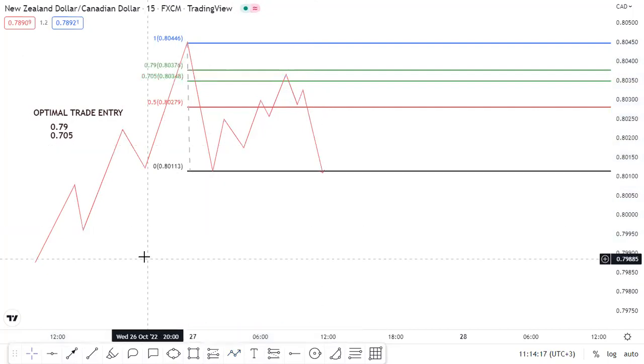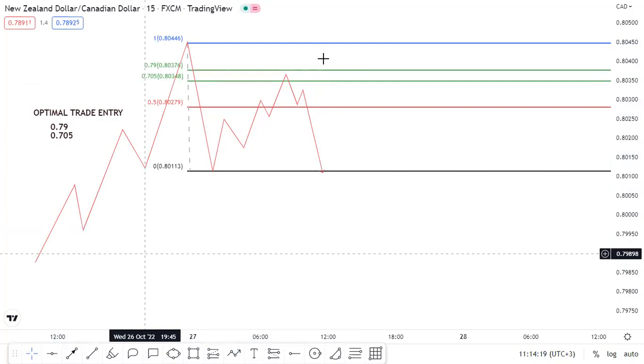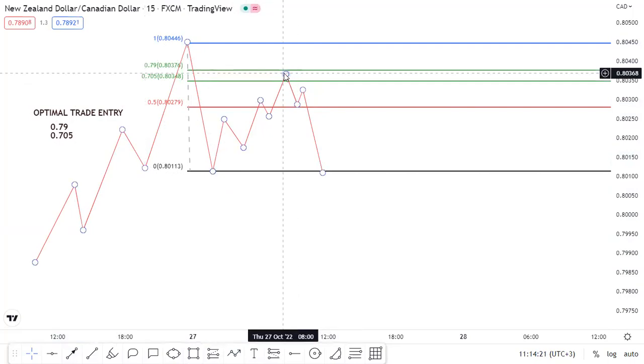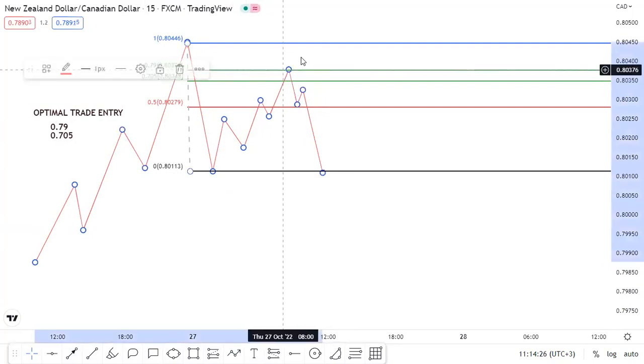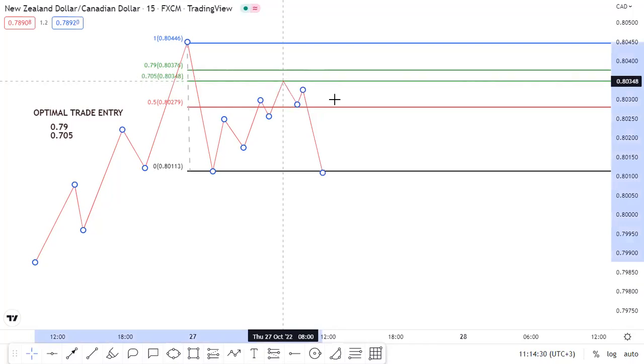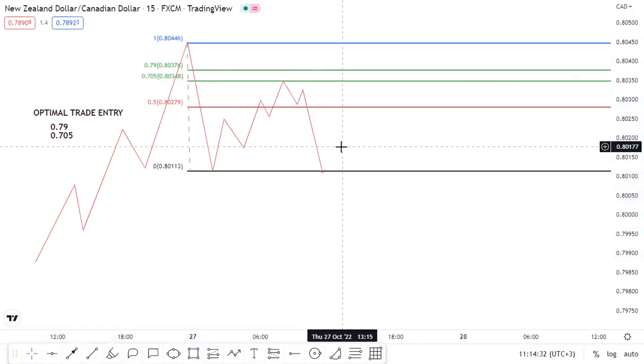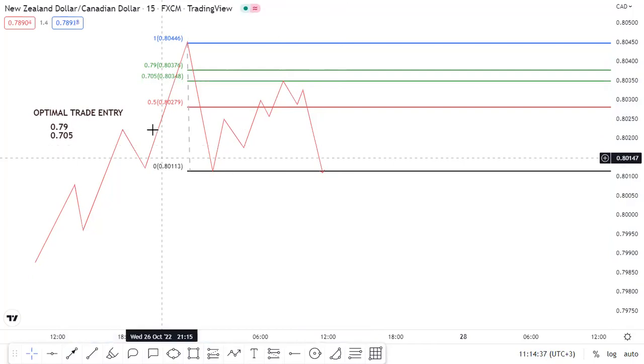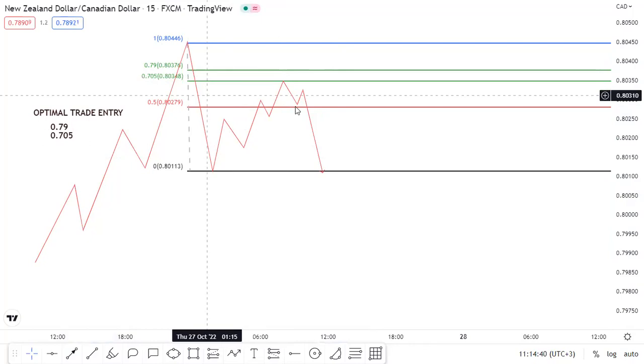It can either touch inside, in between these areas, or it can touch one of these points, maybe there, or maybe here. Then we can sell.